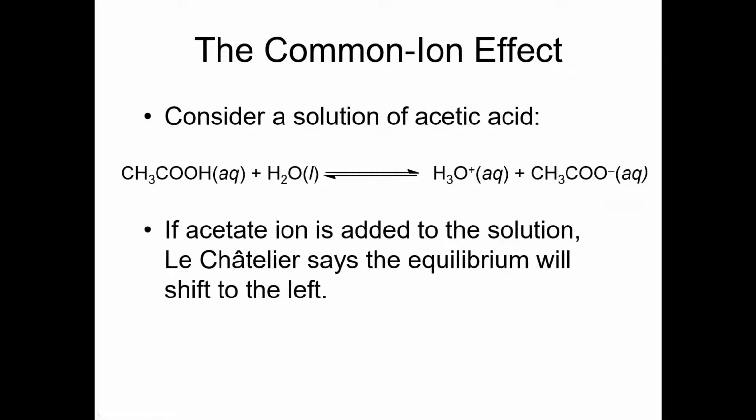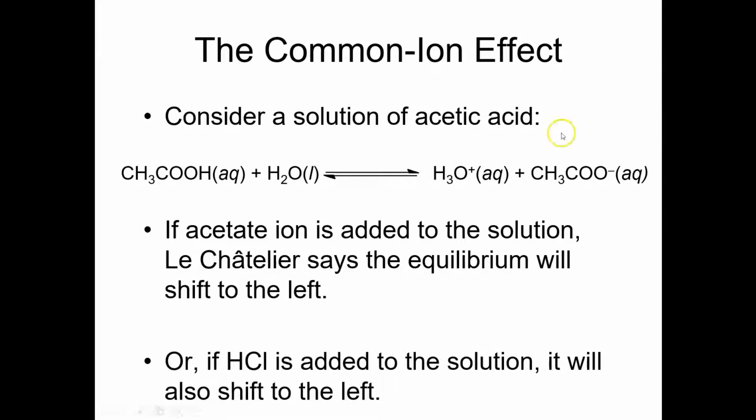If acetate is already present when I try and do this ionization, Le Chatelier's principle says that the equilibrium will shift to the left, toward reactants. The extent of the ionization of acetic acid will be less if there is acetate already present.